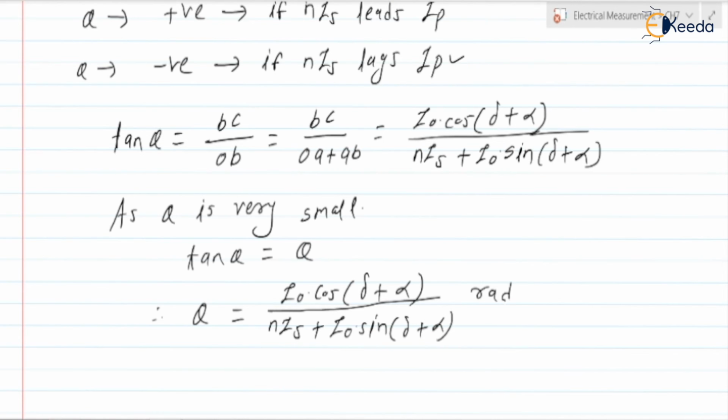This is in radians. Consider this as equation A.